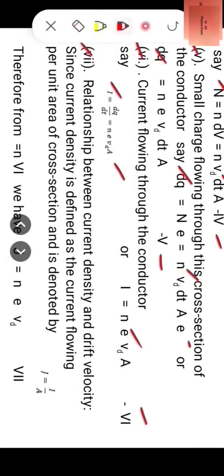Seventh, relationship between current density and drift velocity.